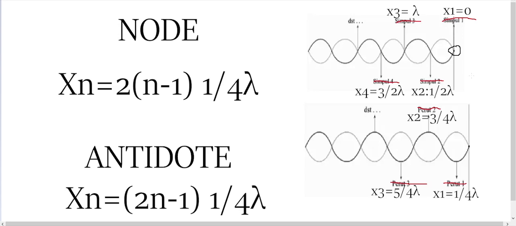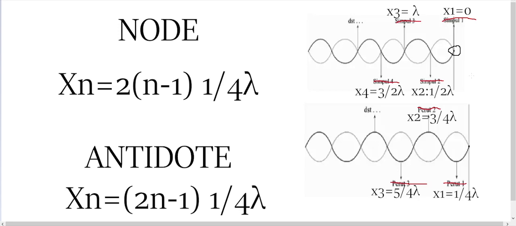It is going on until the end point. Like the third node, it is 1 lambda, and the fourth node, it is 1.5 lambda, and so on.